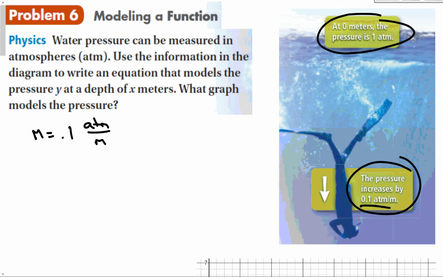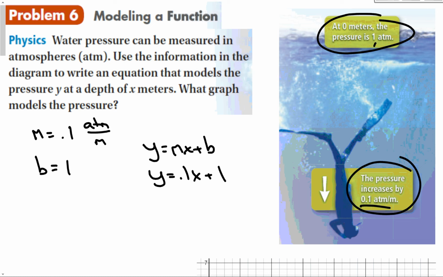That's the slope. The y-intercept is my starting value. At 0 meters, the pressure is 1, so my y-intercept is 1. So if I wanted to make an equation out of this, remember it's mx plus b. So y is going to be equal to 0.1x plus 1.